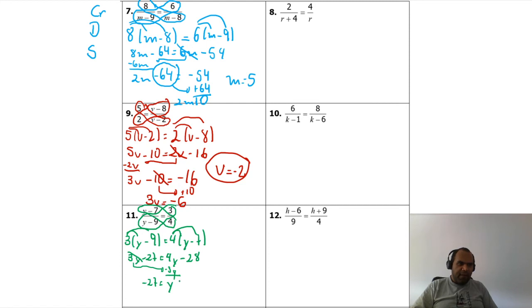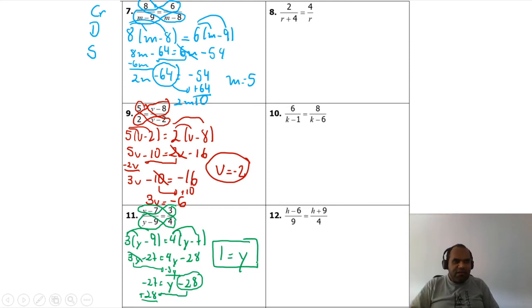The same thing, minus 28. Right now, I need to move this negative 28. The opposite for negative 28 is positive 28. Negative 27 plus 28, it is 1. 1 equals y. Great. Done.